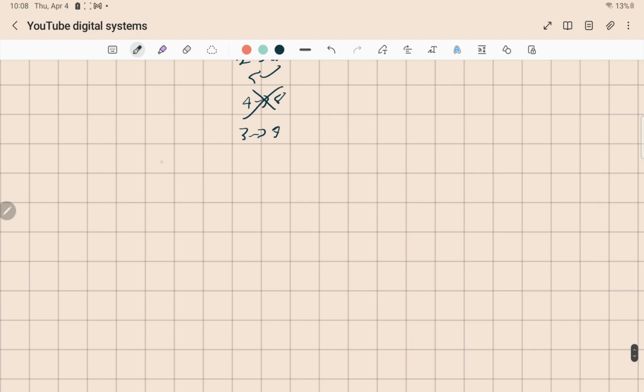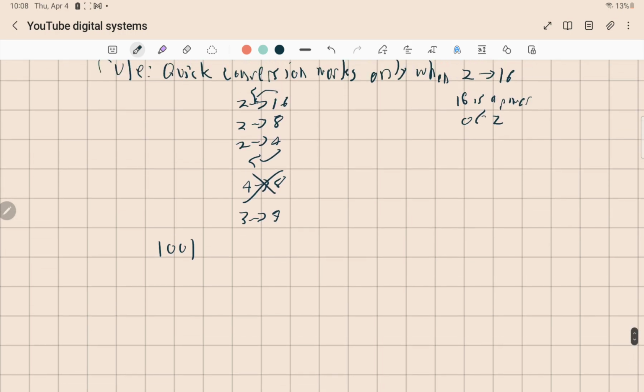Let's say we have a number 1, 0, 0, 1. We want to get into base 4. So what you do is the power that it takes to get from the smaller number to the bigger number is the amount of digits that you split it up into.